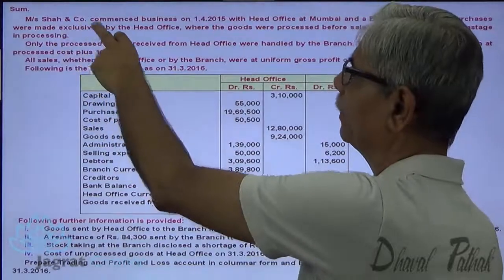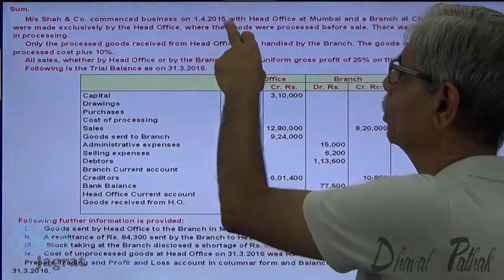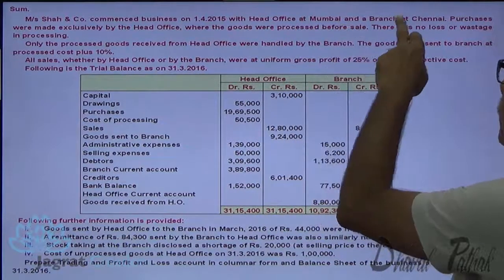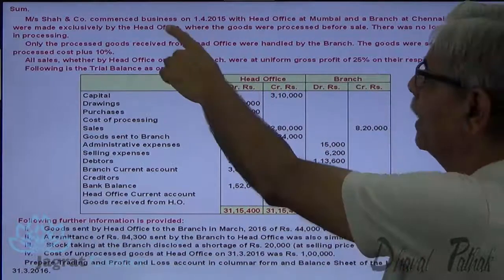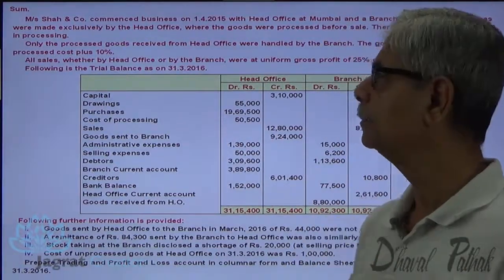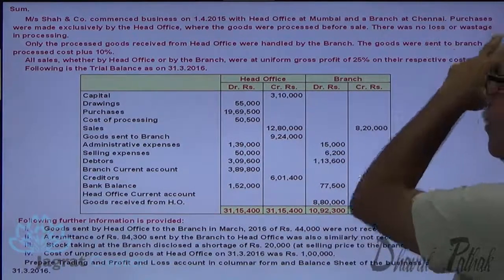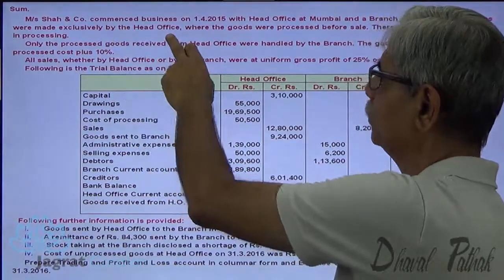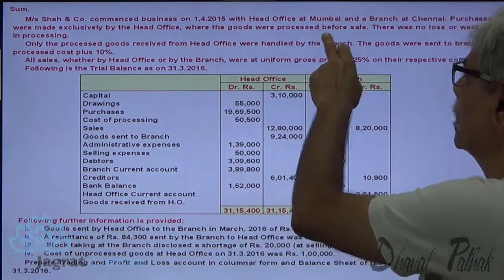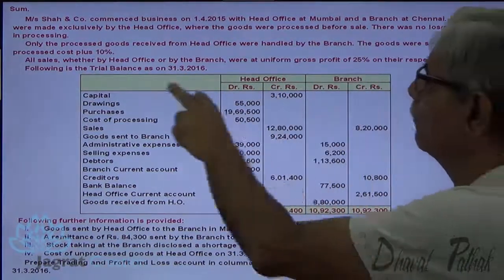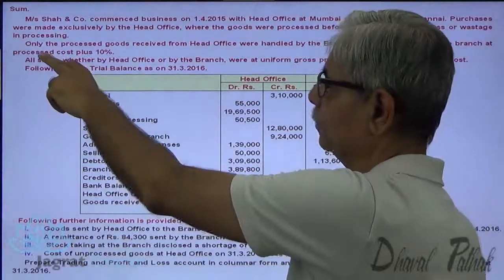Messrs Shah and Company commenced a business on 1/4/2015 with head office at Mumbai and branch at Chennai. As the business is commenced, there is no opening stock. Purchases were made exclusively by head office, where the goods were processed before sales. There was no loss or wastage in processing.